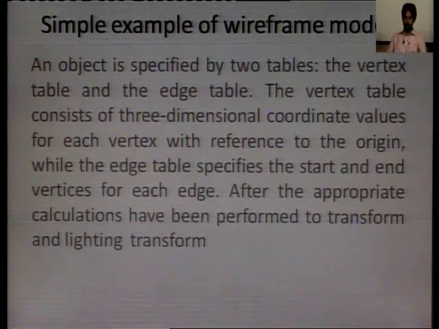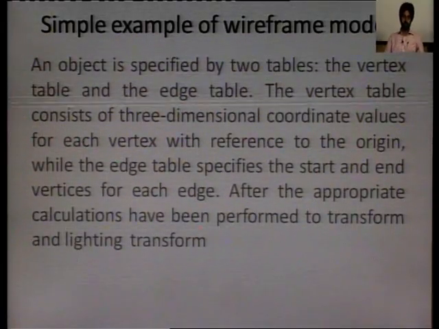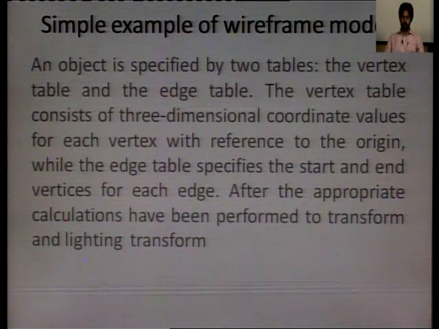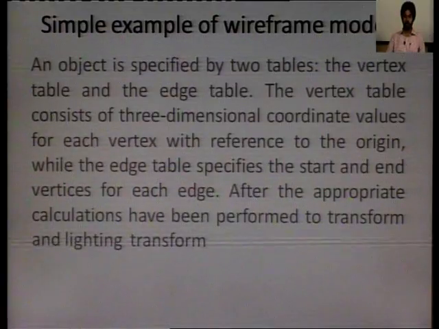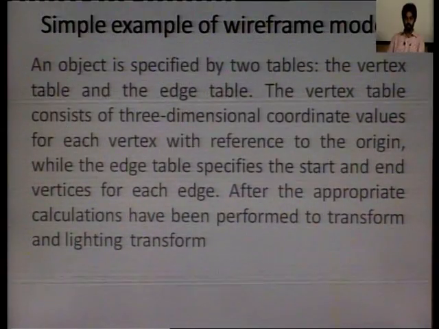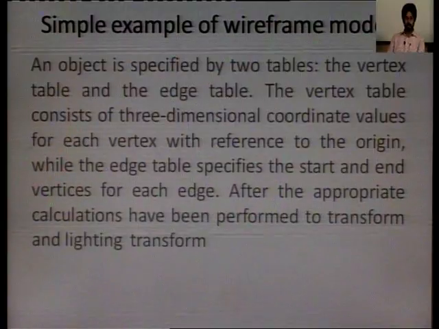Simple example of wireframe model: any object is specified by two tables, the vertex table and the edge table. The vertex table consists of 3-dimensional coordinate values for each vertex with reference to the origin, while the edge table specifies the start and end vertex for each edge.